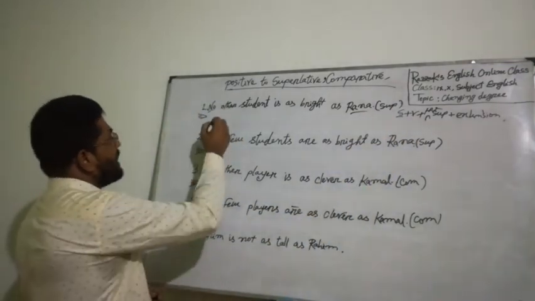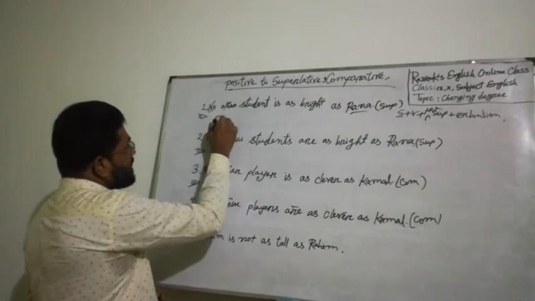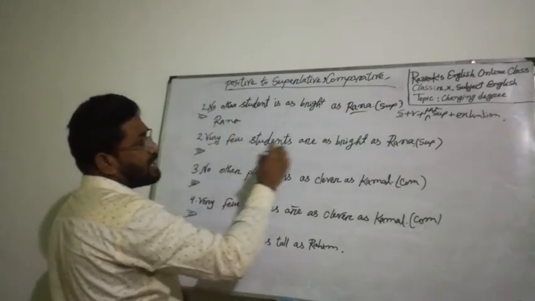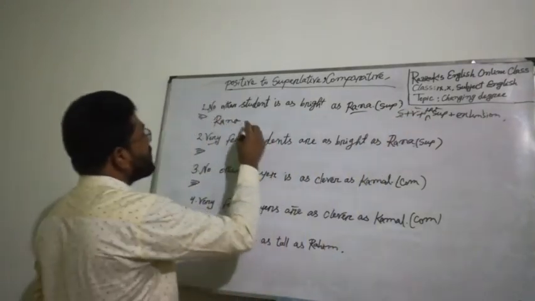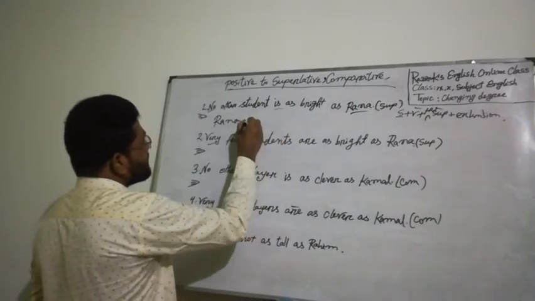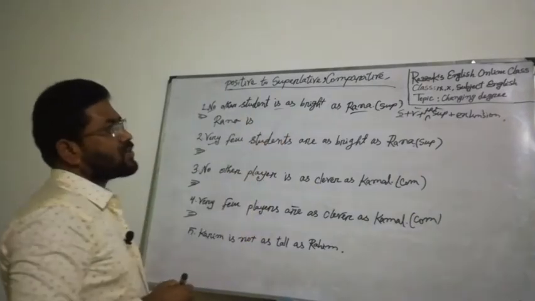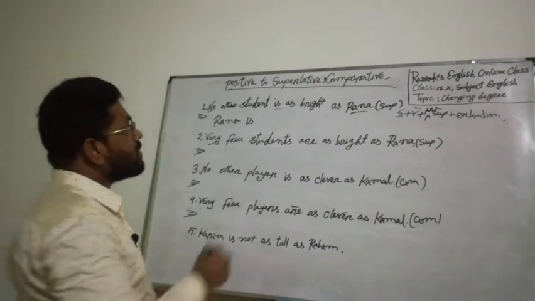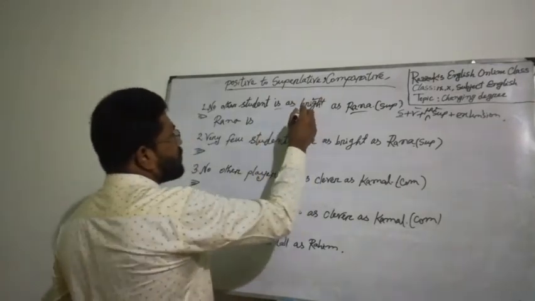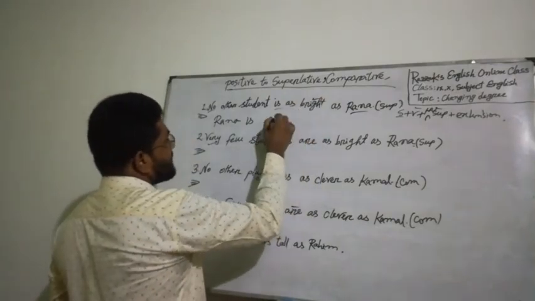So we have to write Rana first, then the verb. What's the verb of the sentence? Yes, is. Then the superlative form of the positive form. The superlative of bright is brightest.